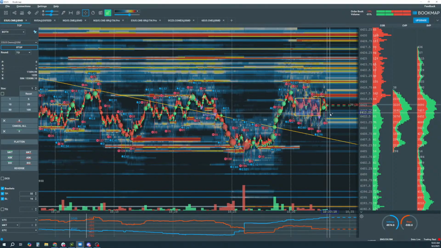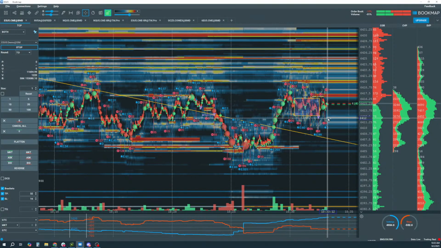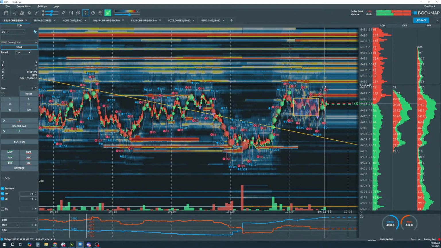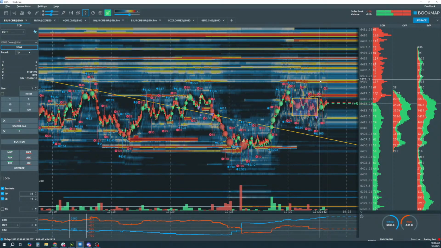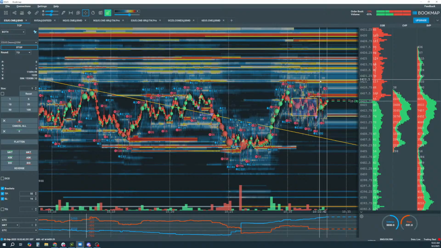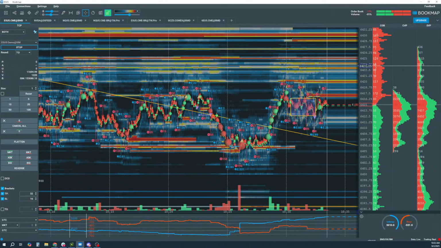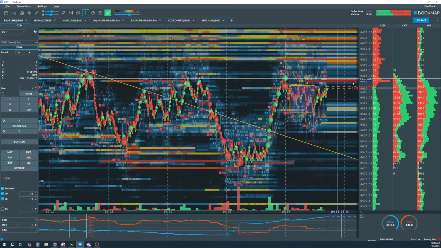Okay, so wait and see. High liquidity coming in here just around this 17 level.